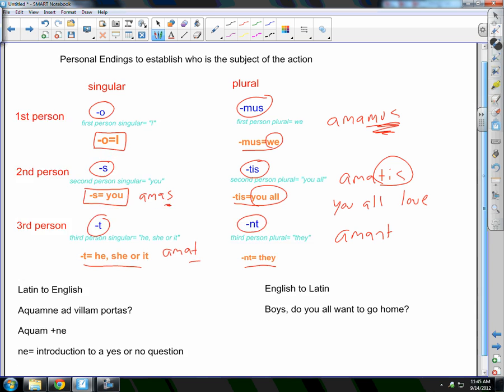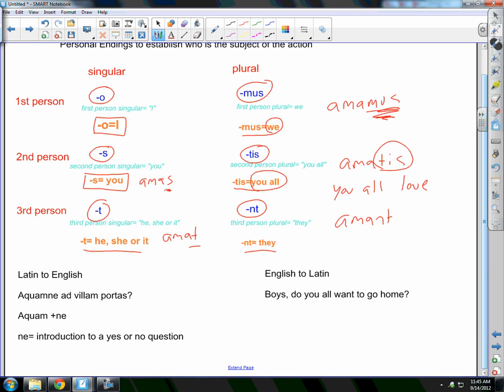Now, when I'm going from Latin to English, I have to look at the verb. And in this one right here, we have aquamne ad villam portas. Just a quick reference, that aquamne is aquam plus ne, and ne is just an introduction to a yes or no question. So it's really aquam ad villam portas.